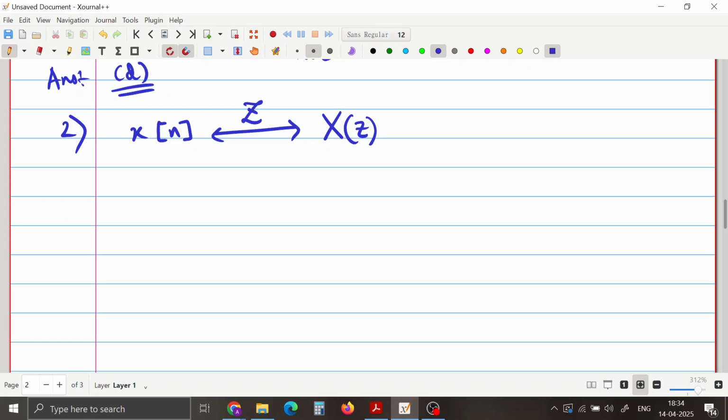That's the main meaning of the notation. And let's say its ROC is a bounded ROC, something like mod z lying between small r1 and small r2, where r1 and r2 are non-negative numbers with r2 being greater than r1.